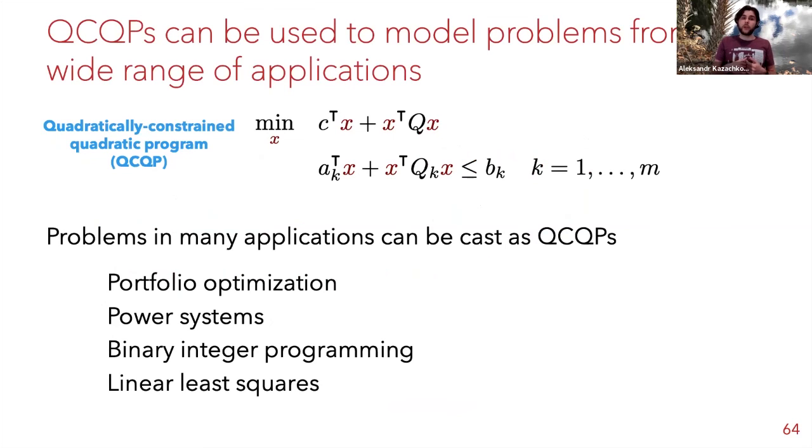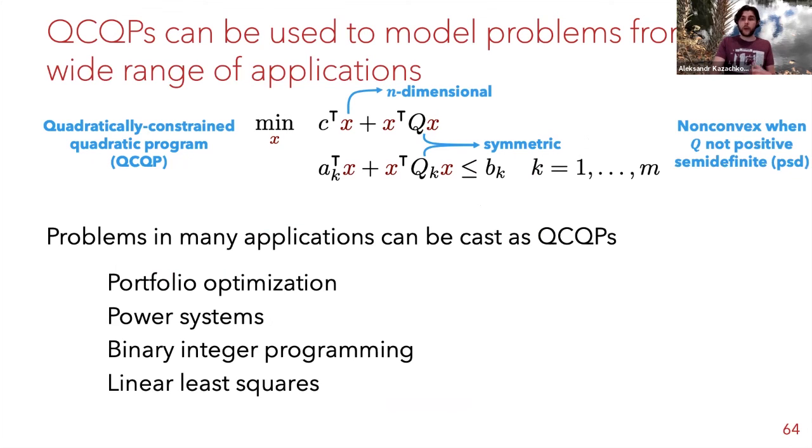And we start off not with the linear program, but rather with a quadratically constrained quadratic program, which takes the following form. It has some n-dimensional variables x and a symmetric matrix Q, so that now you have interactions between the terms. You have quadratic x_i squared terms or x_i times x_j terms in there.